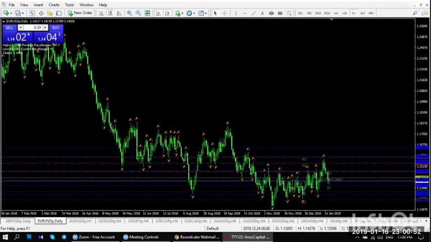For example, in this pivot, what chart were you looking at? I screenshotted it. I will send you the screenshot. All right. This is NZD.